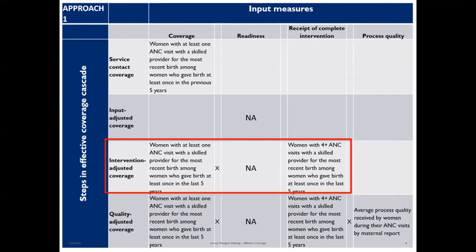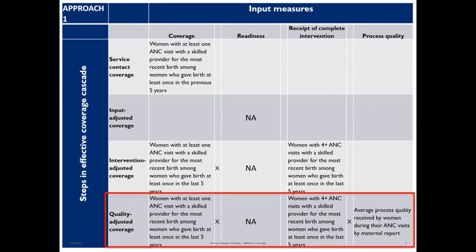While the current WHO recommendation is 8 or more visits, since the time period for most of these surveys was prior to 2016, we used the earlier recommendation of 4+ visits. And so in order to calculate intervention adjusted coverage, we multiply the coverage measure by the receipt of complete intervention measure.